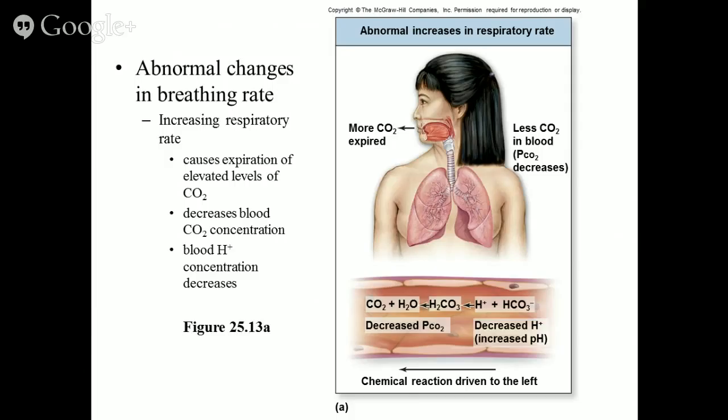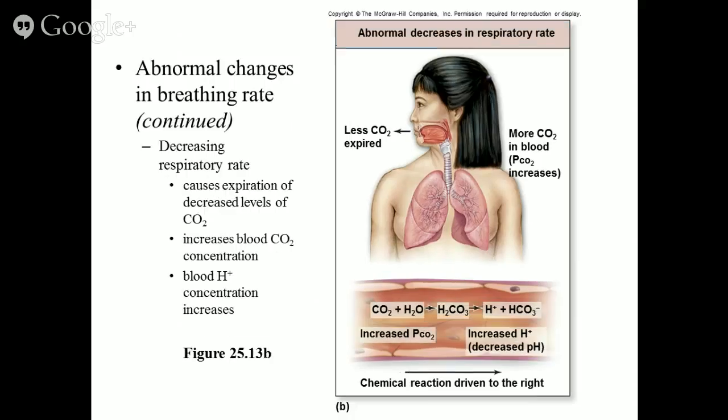So one of the things is that if I just go jogging one day, I'm going to increase my breathing rate. Well, that's not just to get oxygen in, but also to get CO2 out. If there's an abnormal decrease in my respiratory rate, instead of running making me breathe harder, for some strange reason I'm not breathing enough.